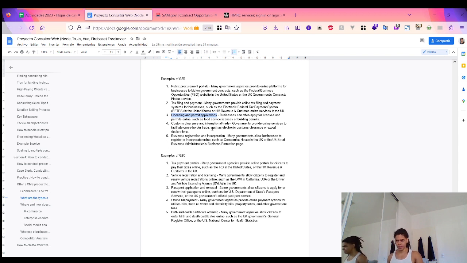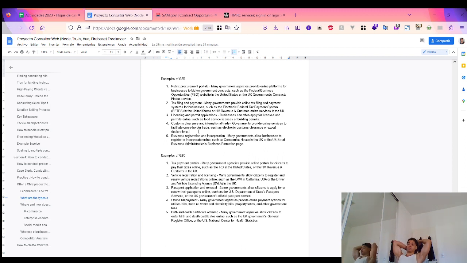Because at the end of the day, it's not the business that is paying for that. It's ultimately the consumer that is paying. Anyway, licensing and permit application.